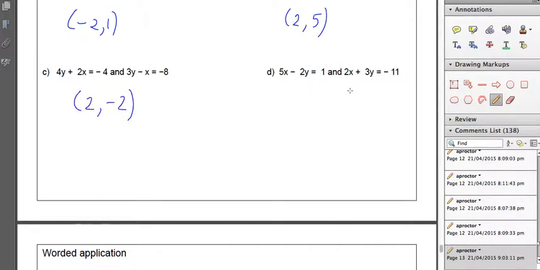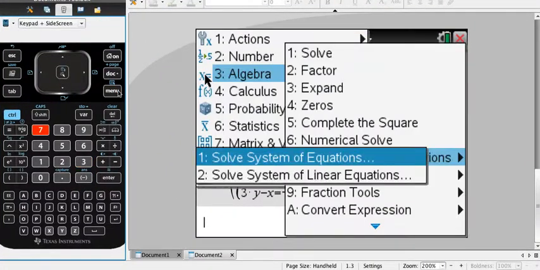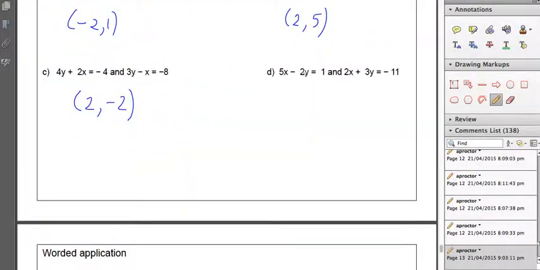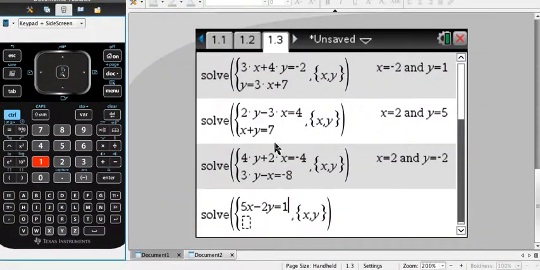And finally, 5x minus 2y equals 1, and 2x plus 3y equals -11.